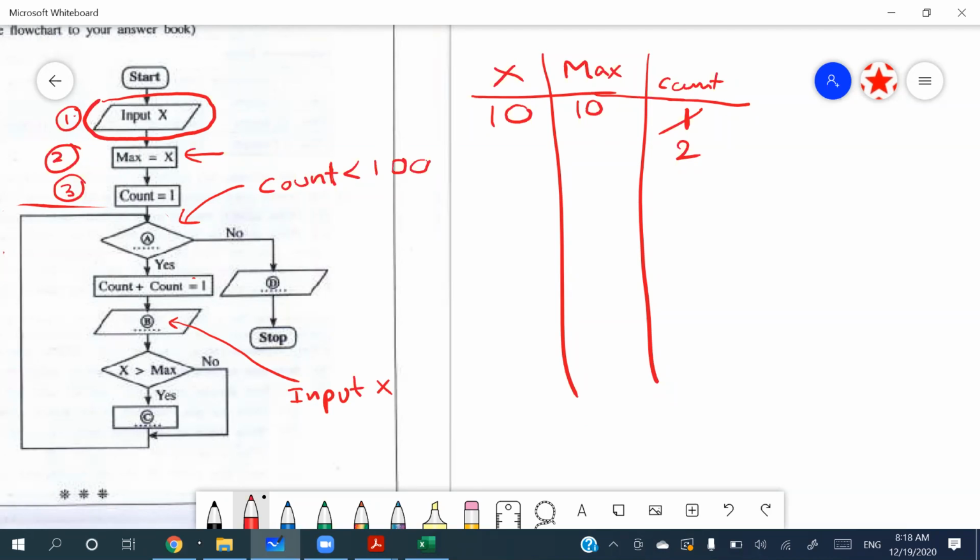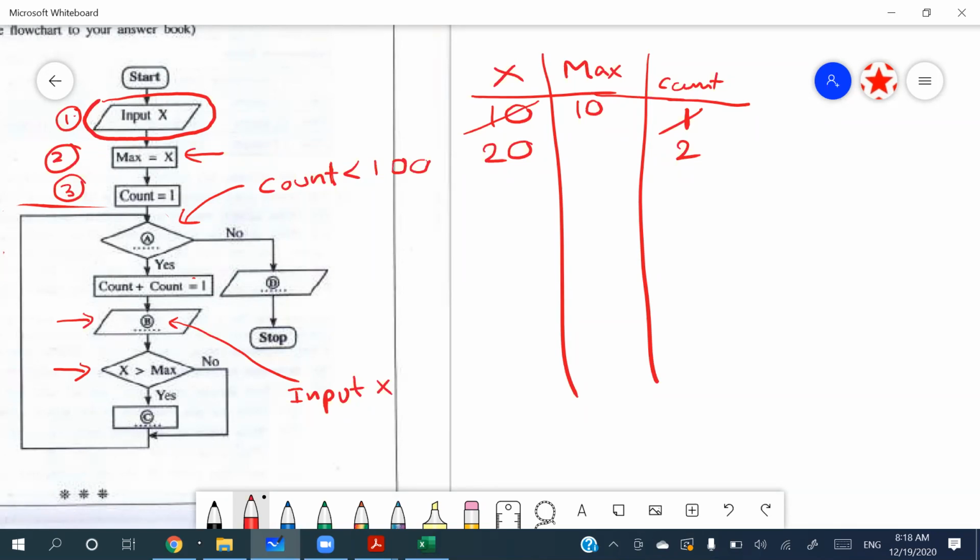So I'm inputting another number. That means let's say 20. So now X is 20 due to this particular step. So then we are going to think about the condition, whether X is larger than max or not.